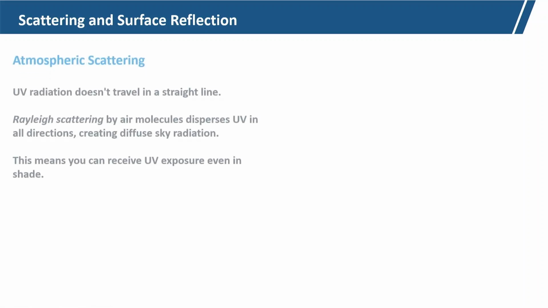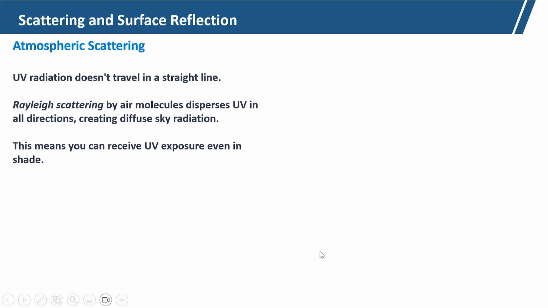Now, the scattering and surface reflection effects. Atmospheric scattering is there. UV radiation does not travel in a straight line, it gets scattered by the air molecules in all directions, creating diffused sky radiation. This means you can receive UV exposure when you are in shade.